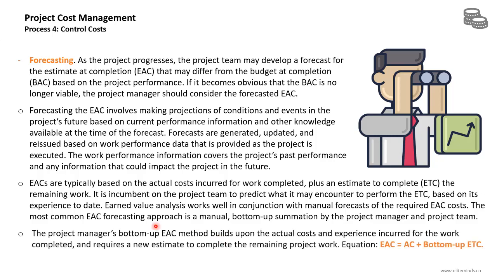The project manager's bottom-up estimate at completion method builds upon the actual costs and experience incurred for the work completed, and it requires a new estimate to complete the remaining project work. The formula is that the estimate at completion equals what we actually spent to date plus the bottom-up estimate to complete, based on the team input, of what we are going to spend to finish the remaining work on the project.